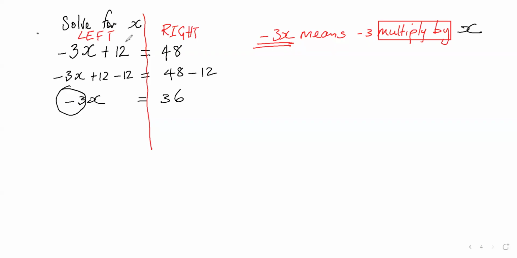So that's why we got rid of the 12 first, Analia. When we got rid of the 12, now we need to get rid of this 3. To get rid of that 3, we have to divide by 3 because the opposite of multiplication is division. So we have to divide by negative 3.